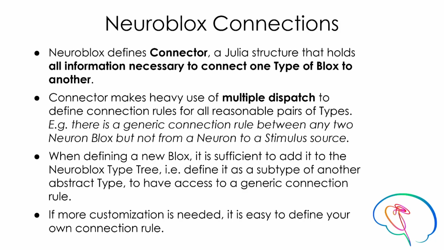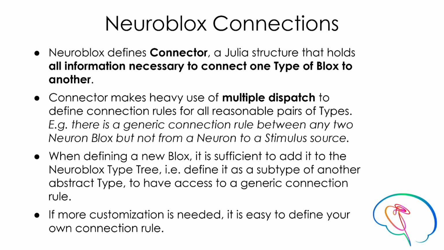Some rules are reasonable, like connecting two neurons together. There is a rule for that. But some rules are not implemented in NeuroBlox because we never expect them to be used. For instance, if you want to connect a neuron to a stimulus, that connection doesn't apply, and it doesn't exist in NeuroBlox. But of course, a connection from a stimulus to a neuron exists, whether that's an current stimulus or a Poisson spike train or any other.